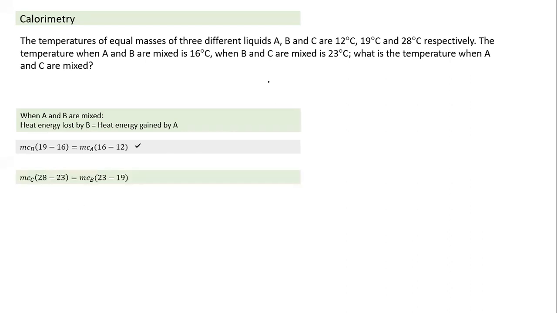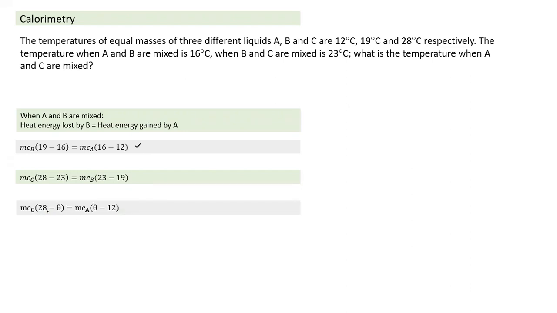Similarly, when B and C are mixed, again we can write a similar equation. So we get these two equations here. Then what do we need to find? We need to find what happens when A and C are mixed together. When A and C are mixed, C will lose heat, and let theta be the common temperature. This is what we need to find.